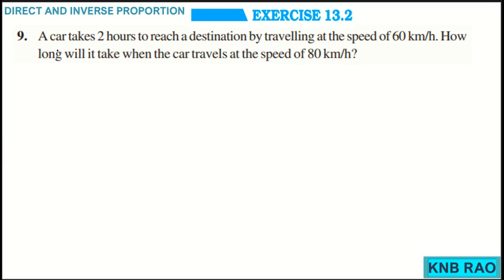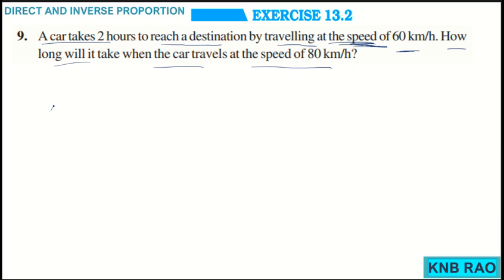In question number 9, a car takes 2 hours to reach a destination by traveling at the average speed. It is not a speed, it is the average speed of 60 km per hour. How long will it take when the car travels at the speed of 80 km per hour?